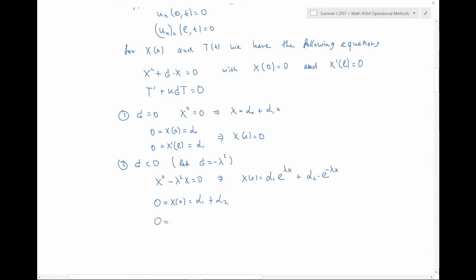The derivative at L should also be 0, which means alpha 1 lambda e^(lambda L) minus alpha 2 lambda e^(minus lambda L) should be 0. This is a linear system for the unknowns alpha 1 and alpha 2, and if we write it as a matrix system, we find that the determinant of the matrix is non-zero, giving us that only one solution exists, and since it's a homogeneous system, the only possible solution is alpha 1 and alpha 2 both being 0.